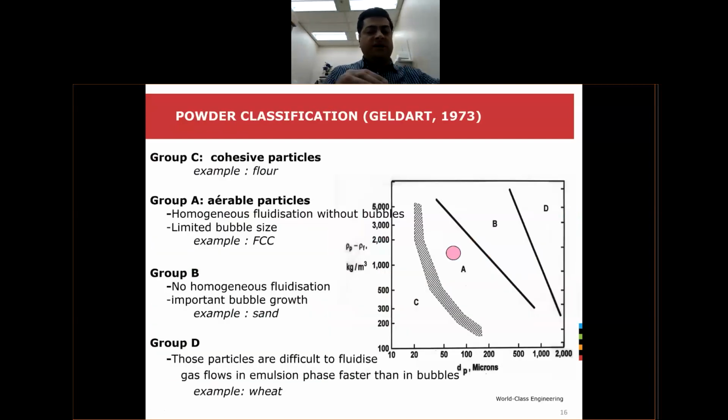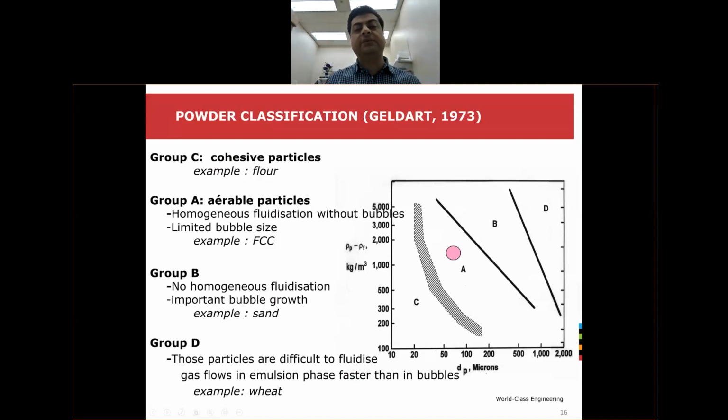Okay, now let's talk a little bit about some fundamentals of fluidization. Maybe this is very basic information, but it's extremely important. There is a very famous guy that died recently. His name is Geldart. Geldart is one of the godfathers in fluidization.